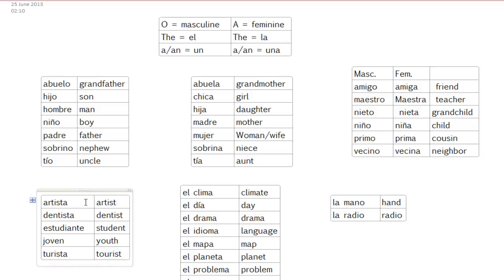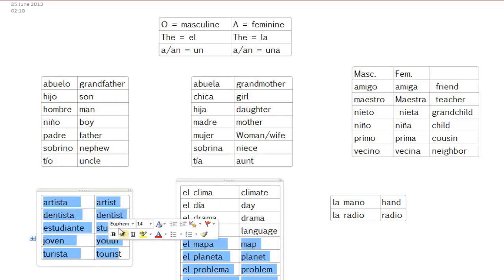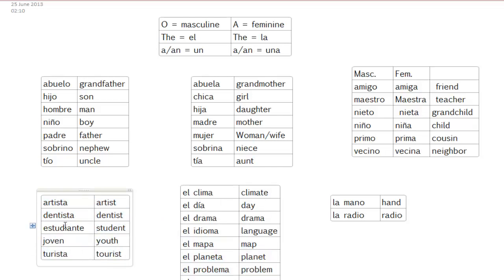There's not lots, but you do get some. But if you look at them, they're more gender neutral. So if a student is, it can be either a girl or a boy. So instead of changing the whole word, they just change the article and put el or la in front of it. And in this way, it's different.